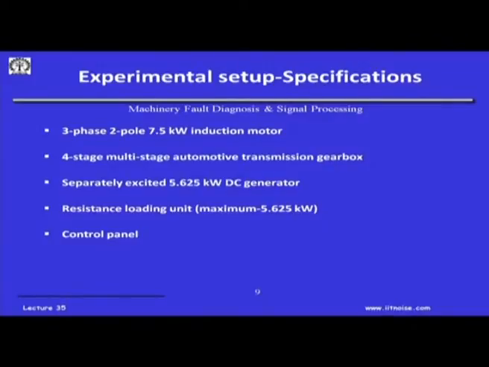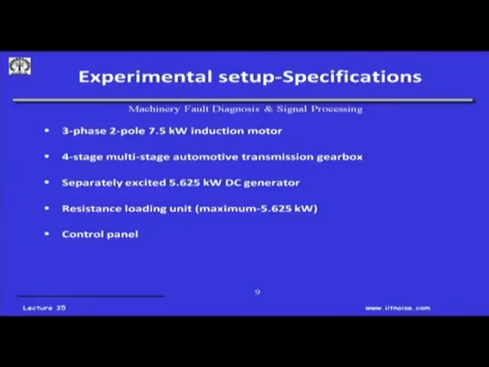These experiments initially we did at a single speed. Of course, now we have provisions, through a VFD drive we can also do this study at different speeds. But most important was that we artificially created faults in the automobile gearbox, and we know the characteristic frequencies of these faults, basically around the gear meshing frequencies.